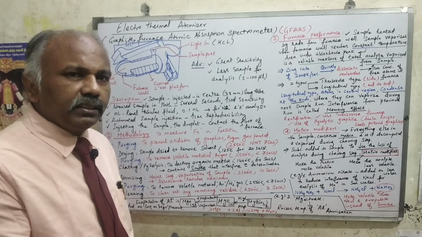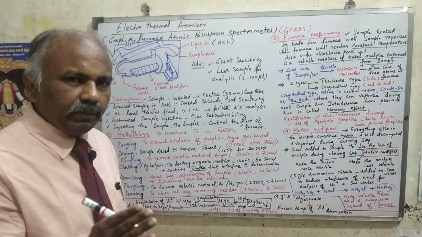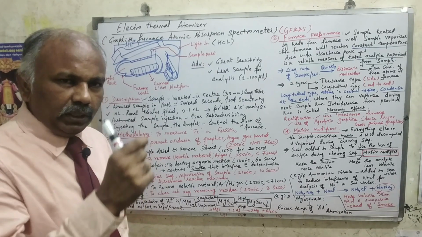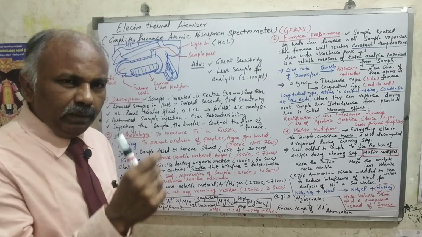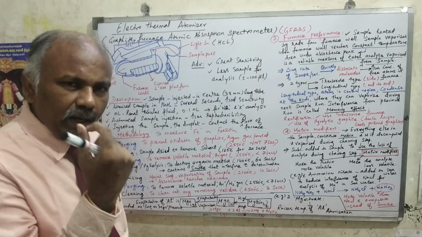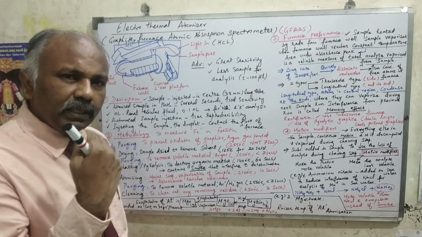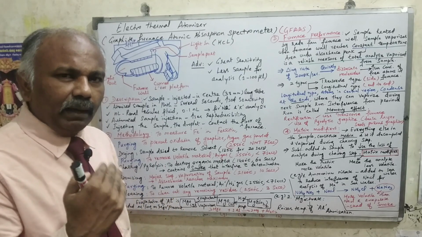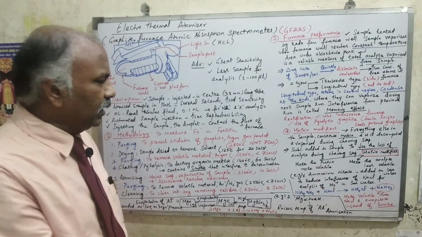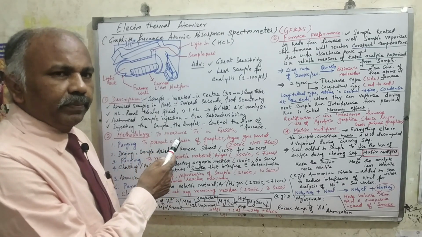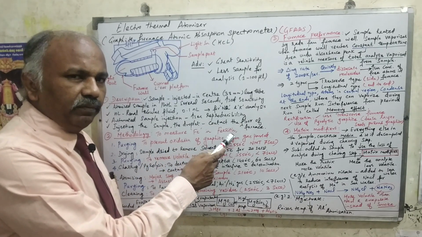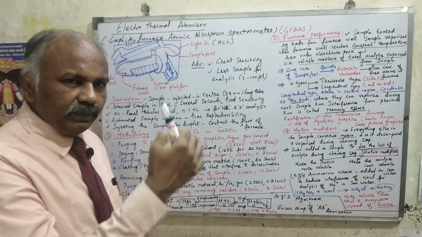And the methodology: when we discuss the graphite furnace methodology, the temperature programming is done over several minutes. What are all the steps we perform for our sample? We have to adjust or pre-program the temperature in the furnace before subjecting the sample, so it depends on the sample. For example, if you want to measure the concentration of iron in the iron storage protein ferritin, what are the conditions we have to apply?